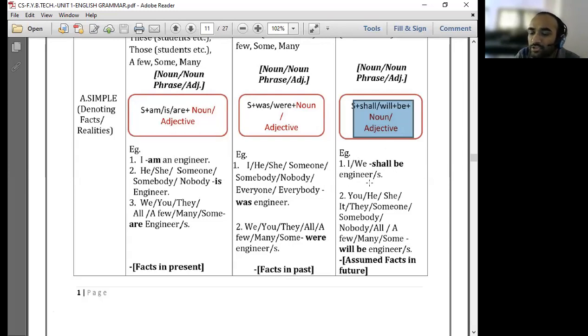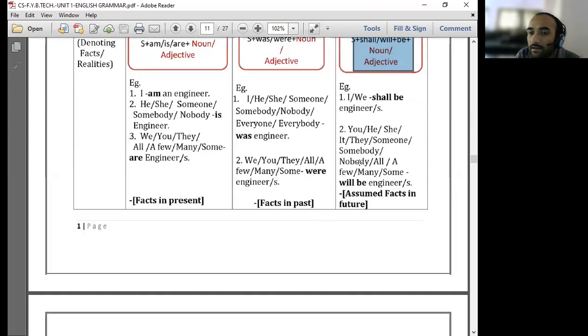And shall be is used after I and we. And will be is used after all the remaining subjects.